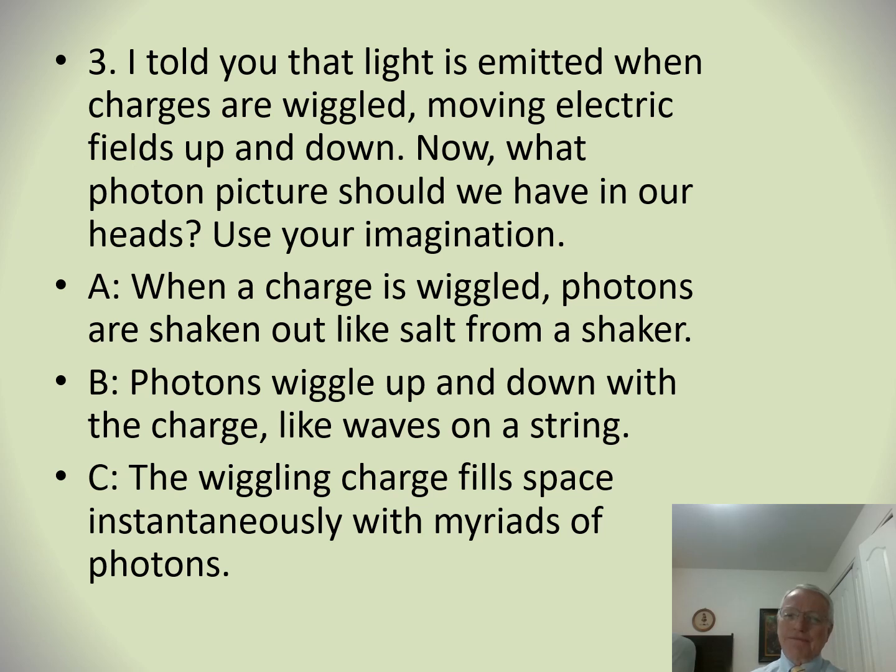I guess you could argue about this some, but I think the one that makes the most sense, probably the one that you ought to have in your head, is A. You wiggle a charge up and down, and photons are shaken out, going at the speed of light, like salt from a shaker.